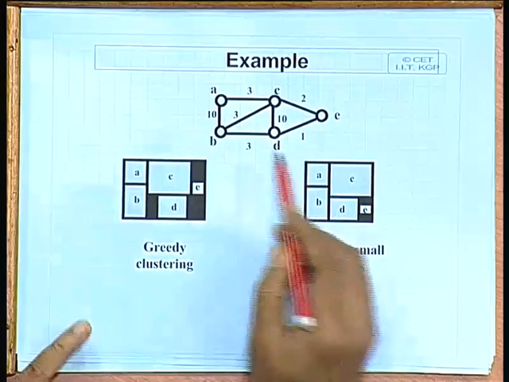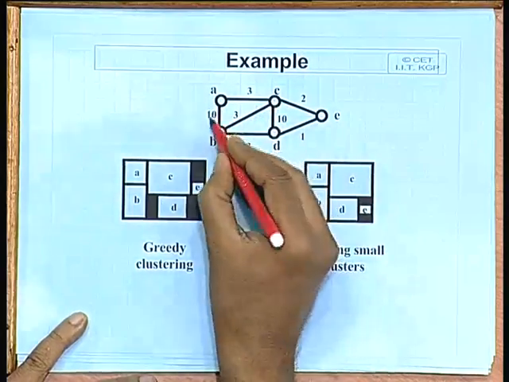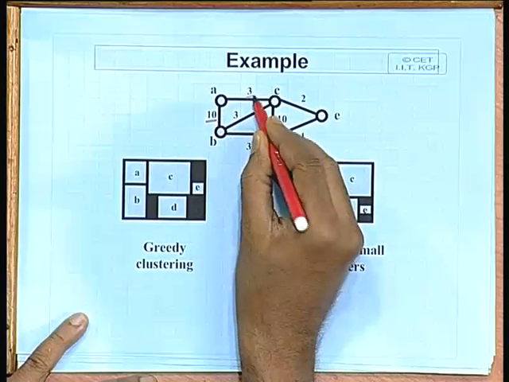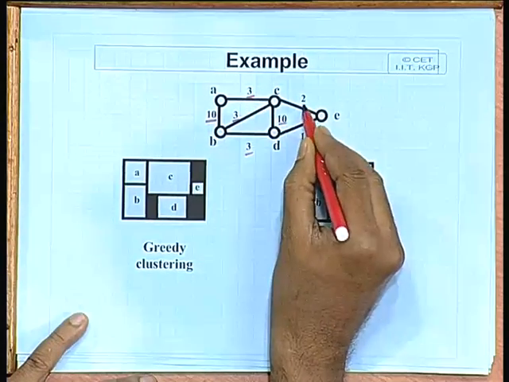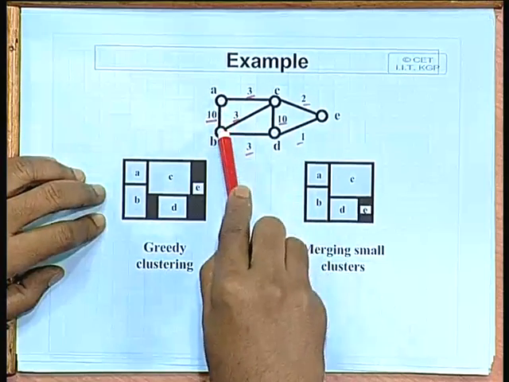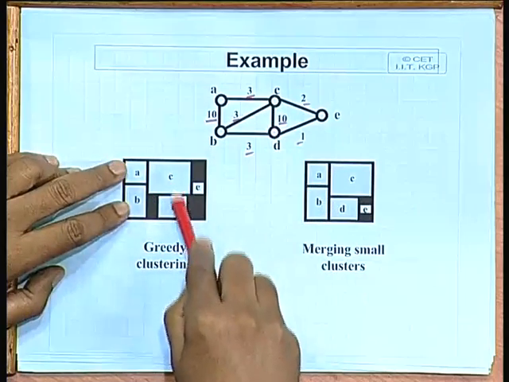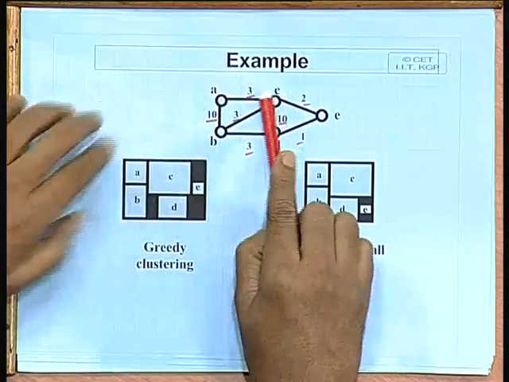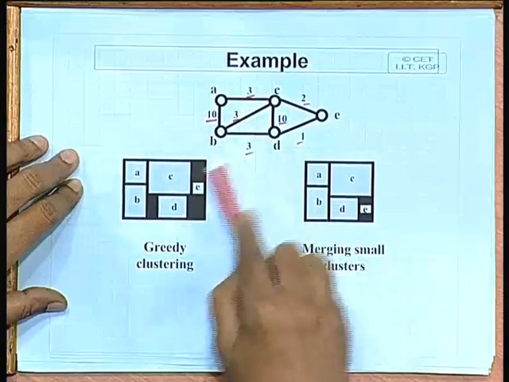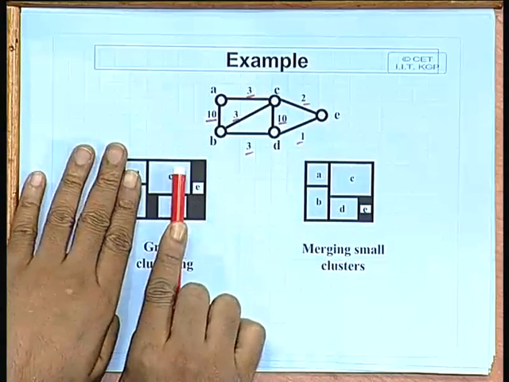Well, this is a given graph A, B, C, D, E with the edge weights as 10, 3, 3, 3, 10, 2 and 1. So according to the greedy approach, A and B will be merged first, so also will be C and D. So AB and CD will go down together, then 3, 3, 3, 9, they will be put together, AB beside CD.